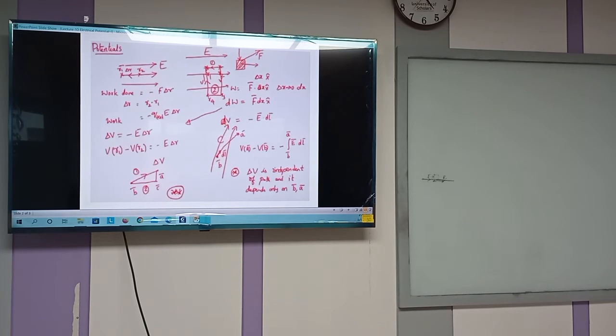So I am picking a particular path over here. The potential difference between the two points A and B will be obtained by integrating this expression dV equal to minus E dot dl over this entire path.